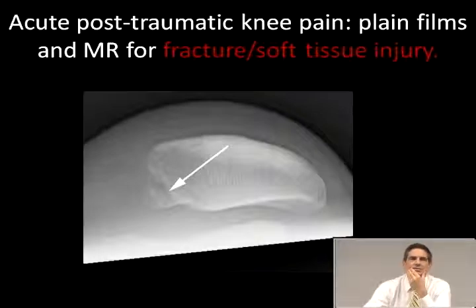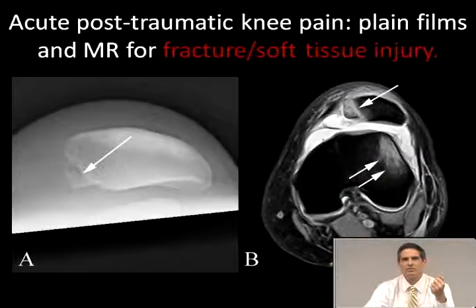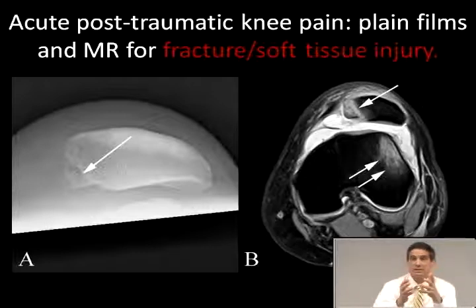Another verse of the same song is an MR for this injury, which you can see on this cross-sectional image. There's a fracture through the medial patella marked by the white arrow. On this twofer, you've got A, the plain film of the fracture, B, the MR showing you the much more extensive damage that's actually there, fracture through the medial patellar facet, joint effusion, double arrow at the condylar contusion, and this is the archetypical lateral patellar dislocation.